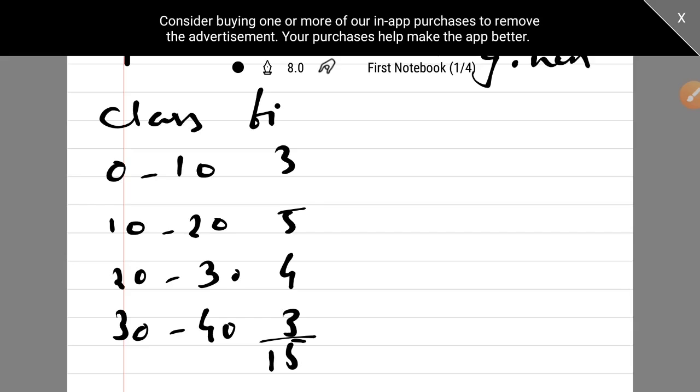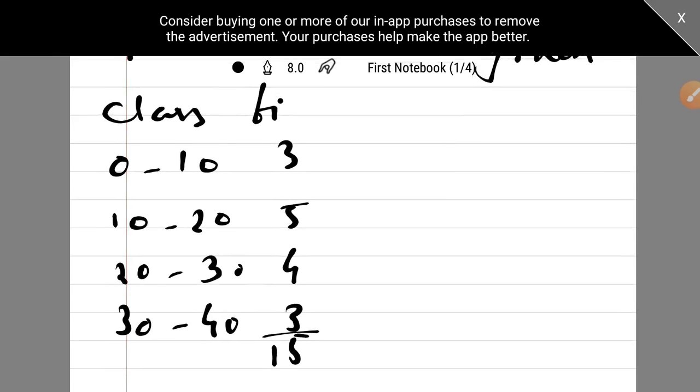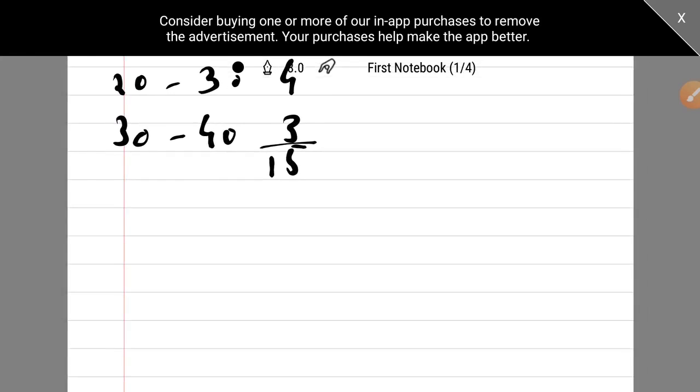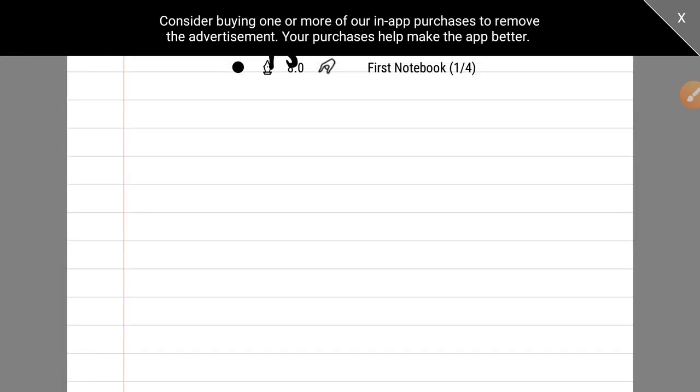Okay, so you will be writing a formula for median. Now what is formula for median? Median is value of n plus 1 upon 2 observation.